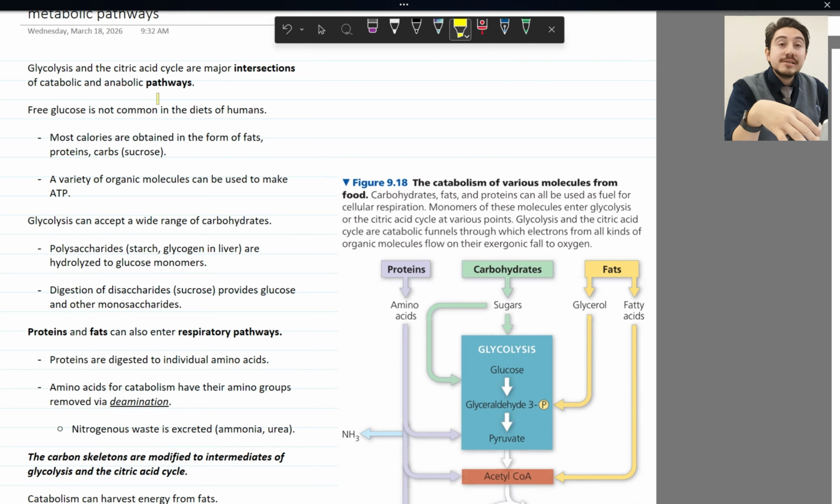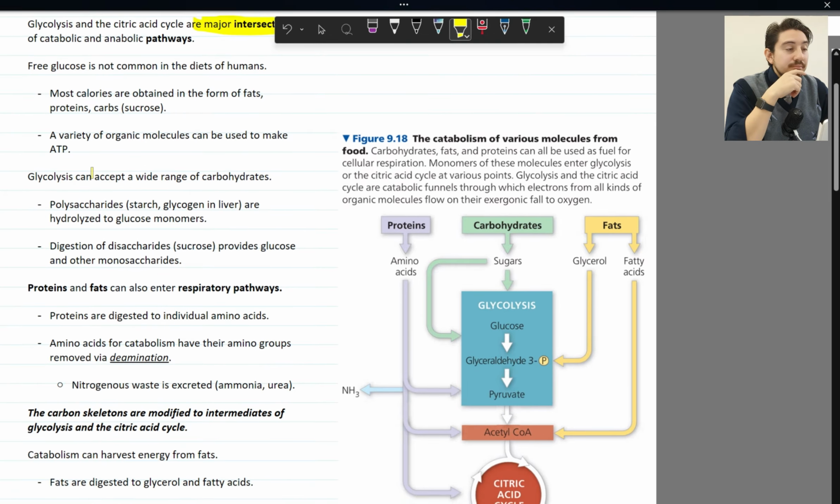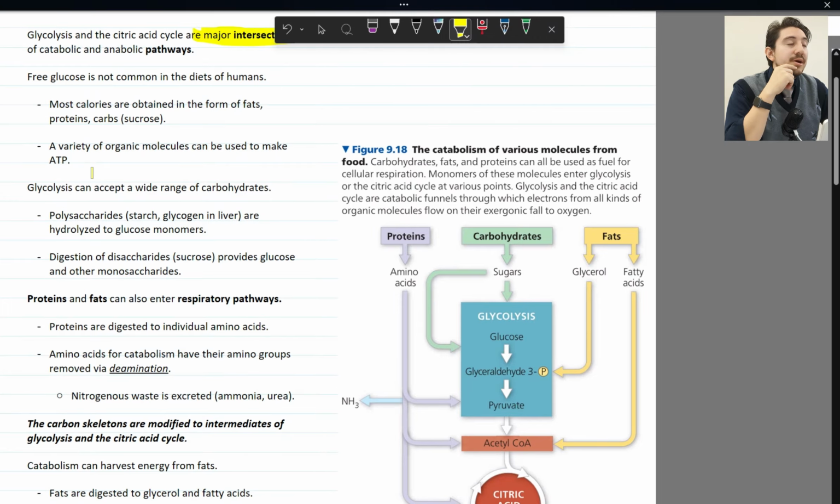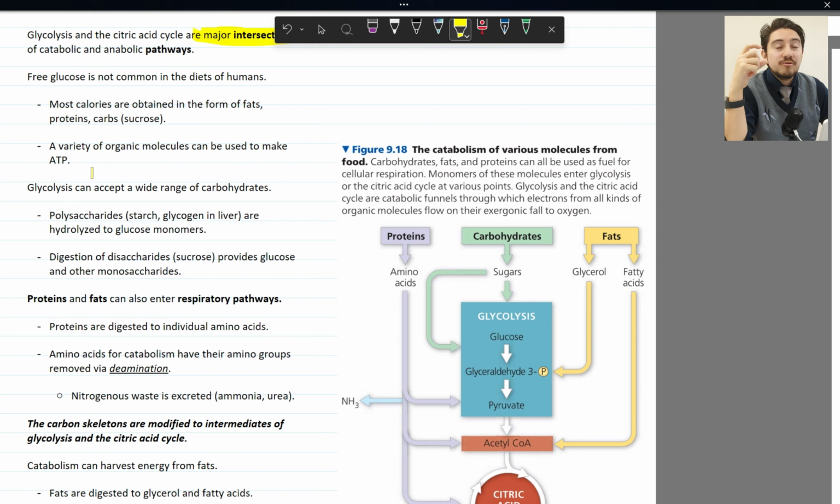And that's what we see here. Glycolysis and the citric acid cycle, the Krebs cycle, can serve as intersections for catabolic and anabolic pathways. You usually don't find free glucose readily available for humans in this single form, just a glucose molecule floating around.